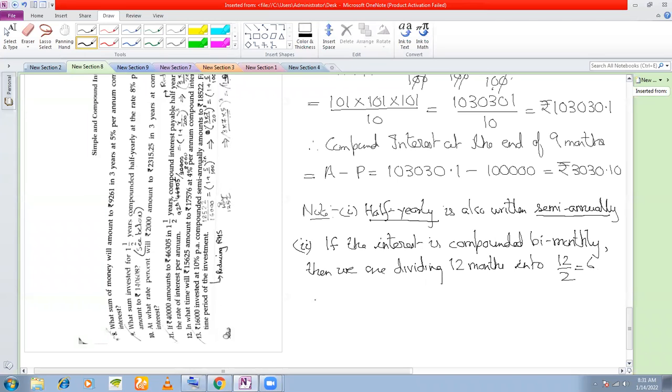We are dividing the year into 6 equal parts. In this case, what should be done with the rate and the time? Rate must be divided by 6 and time must be multiplied by 6.